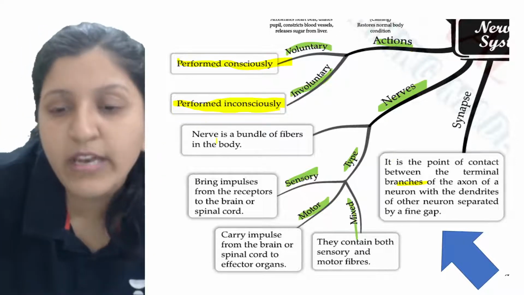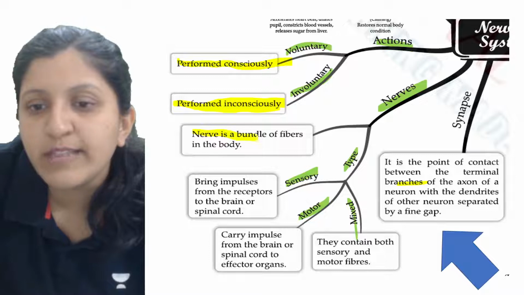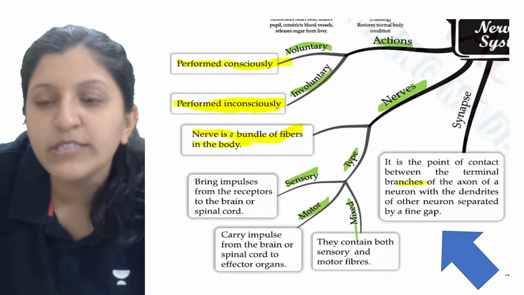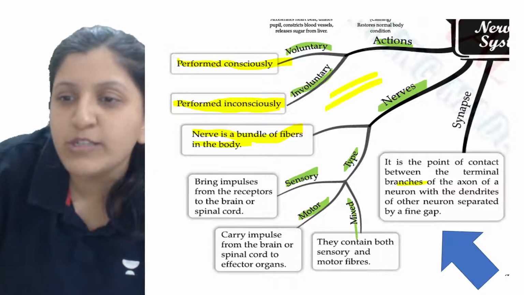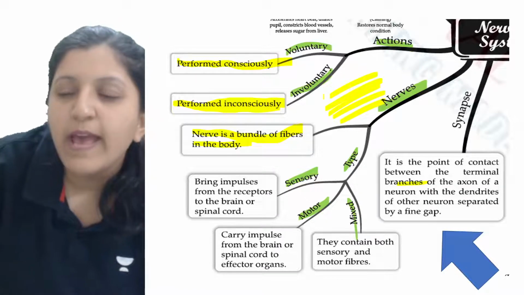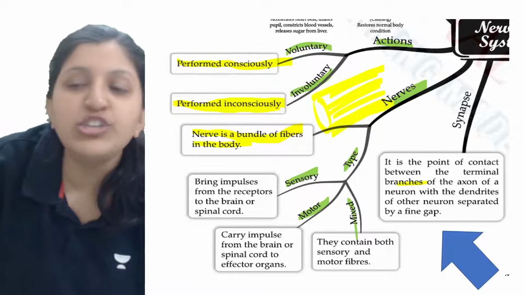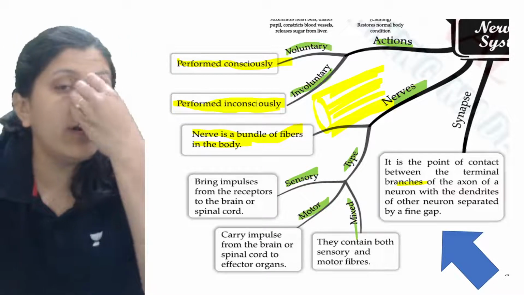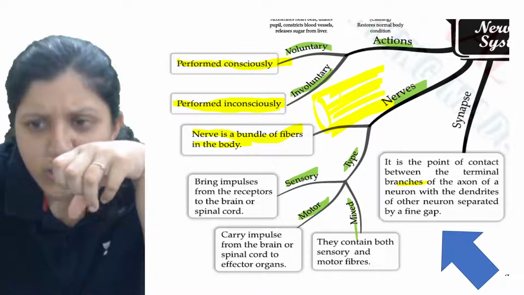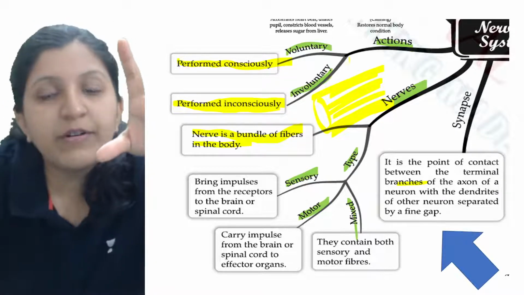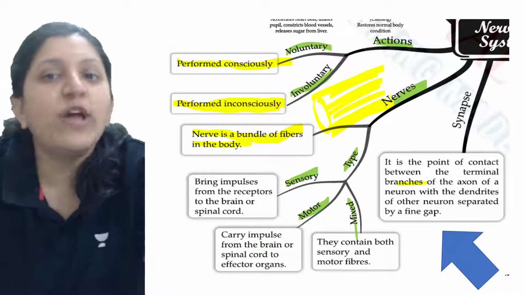A nerve is a bundle of fibers in the body. There are bundles of axons covered by a sheath, and that we call a nerve. Nerve fibers are nothing but axons.